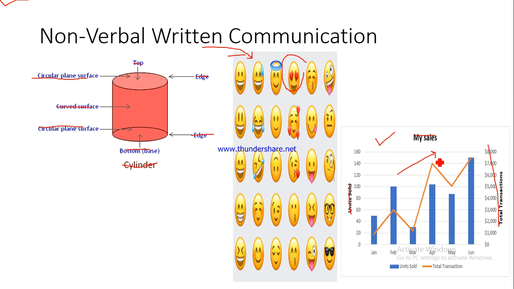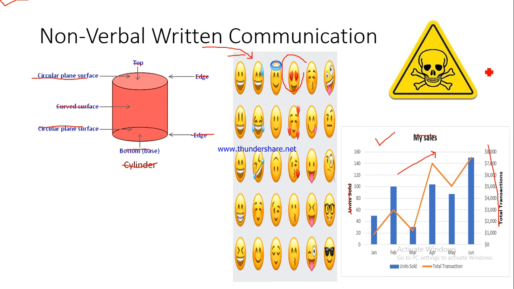There is an increasing trend which can be observed from here. So this is again an example of non-verbal written communication. You don't have to write anything, you only have to draw the chart, and the reader would understand that this chart depicts some increasing trend, right?